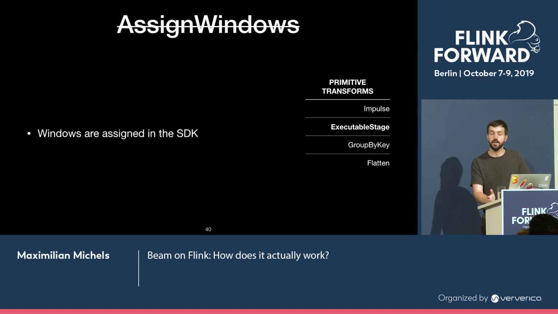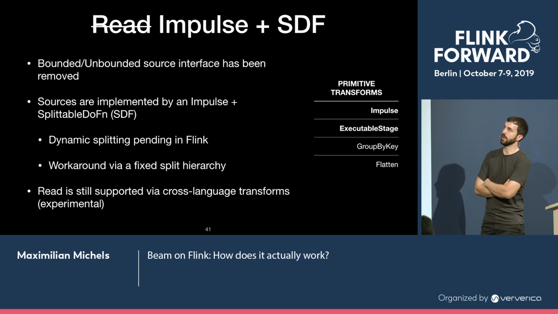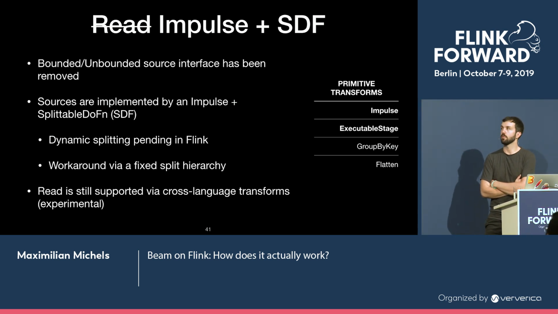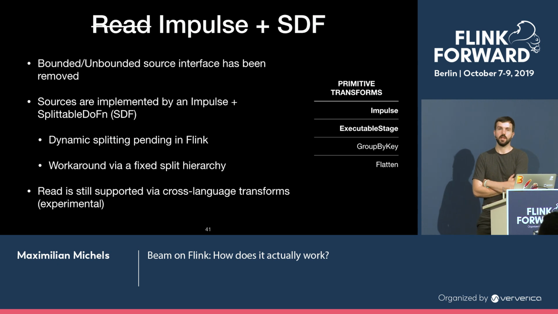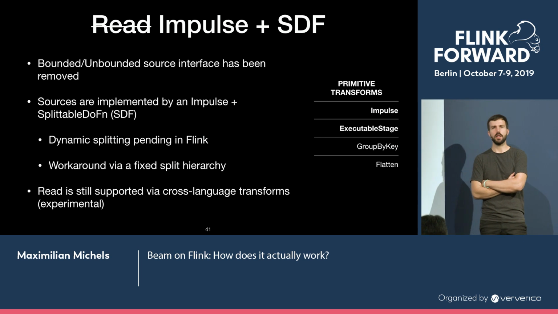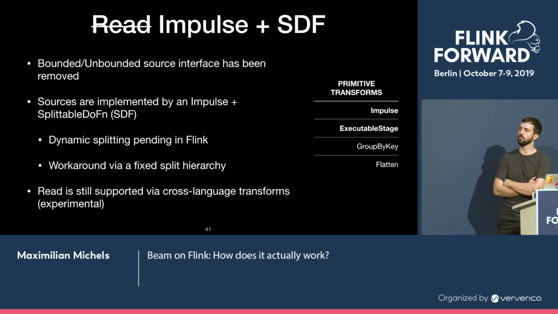I mentioned already AssignWindows is simply dropped because we are assigning windows directly in the SDK where we read our data. And finally, Impulse and SDF, which is a new interface that could probably be a talk on its own. The main difference is that you support dynamic splitting, which Flink does not really support, so it's a bit unclear how we implement it, but we have some ideas, at least until Flink supports it natively.